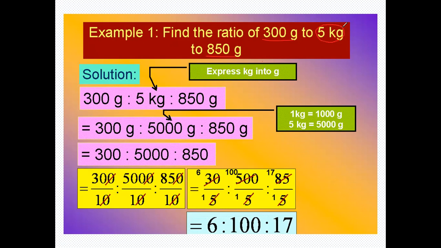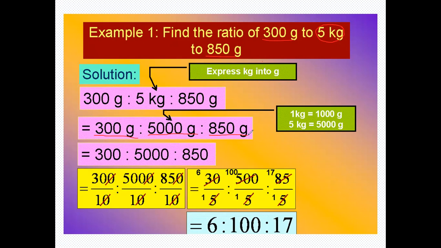And we know that 1 kilogram equals how many grams? 1,000, very good. So 5 kilograms would be equivalent to 5,000 grams. So we now have 300 grams is to 5,000 grams is to 850 grams, and they now have the same unit.